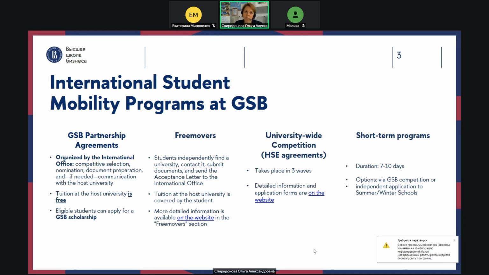And you also can apply for that. You can apply for this kind of school either with a GSB program if you see this competition is taking place, or by yourself. Usually it's a summer school and students go to different summer schools. They look for the schools by themselves and apply and go by themselves. So it's also an opportunity.